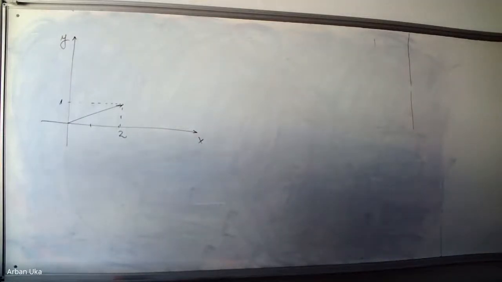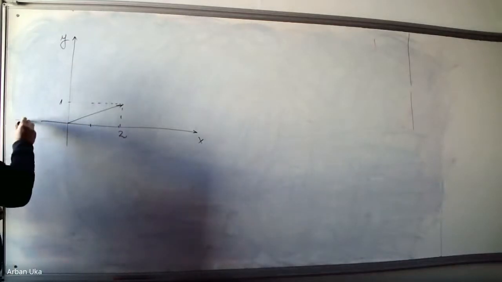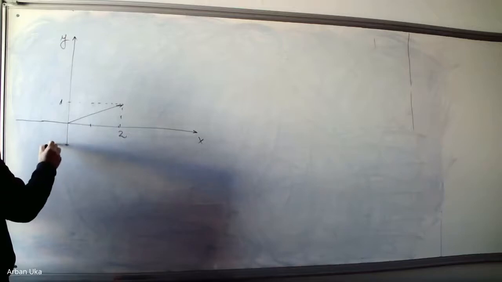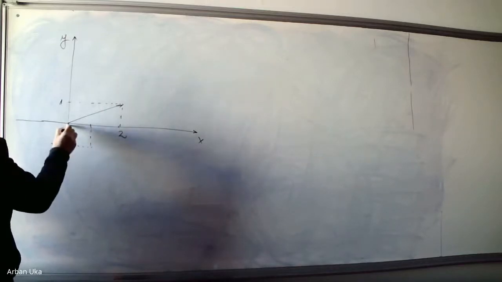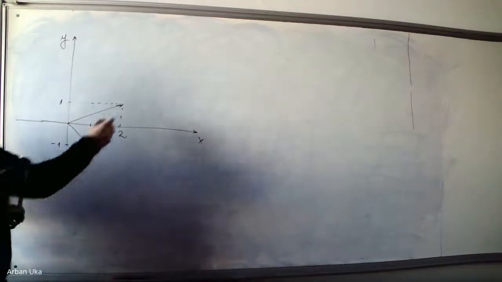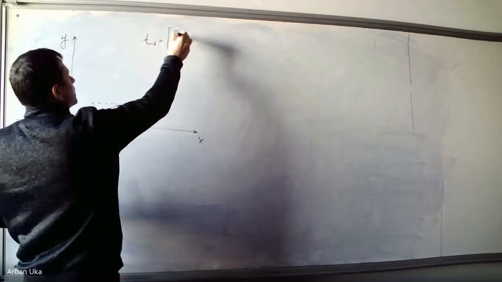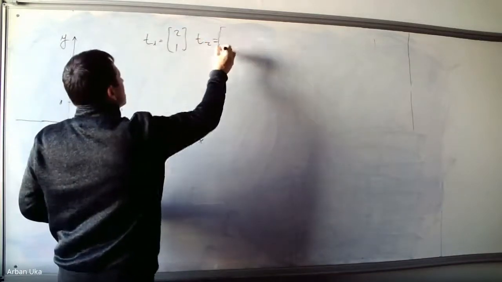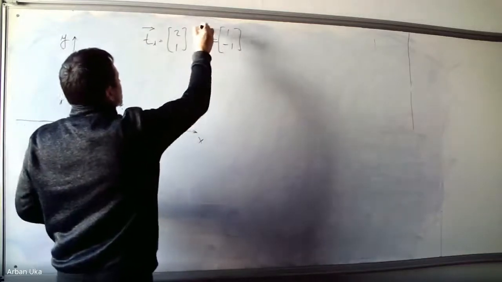Then another vector is, for example, (1, -1). So here we have another vector. Let's call T1 equal to (2, 1) and T2 equal to (1, -1). These are both vectors.